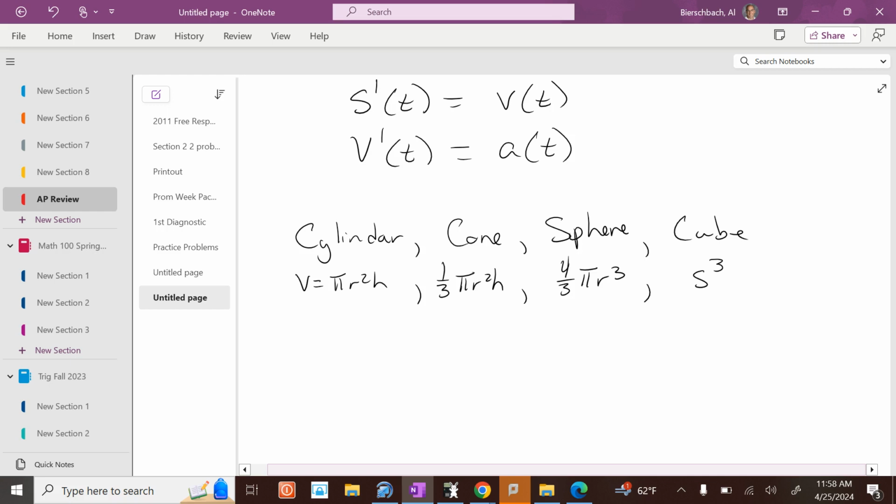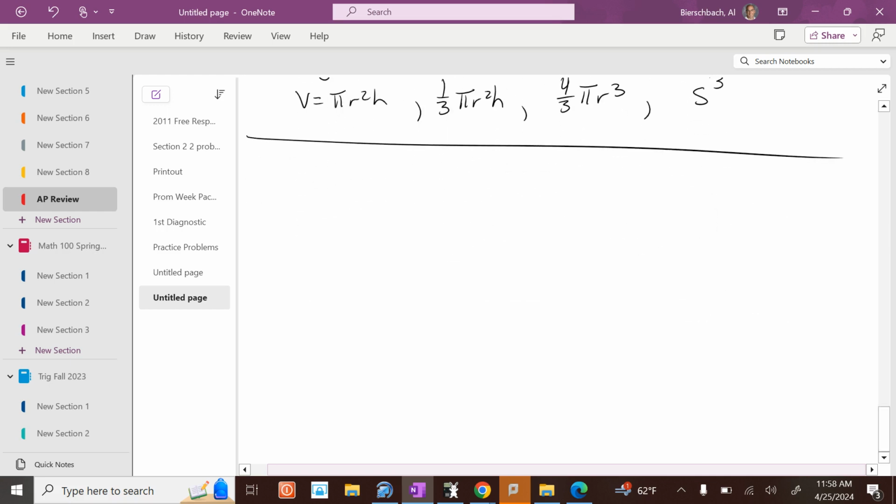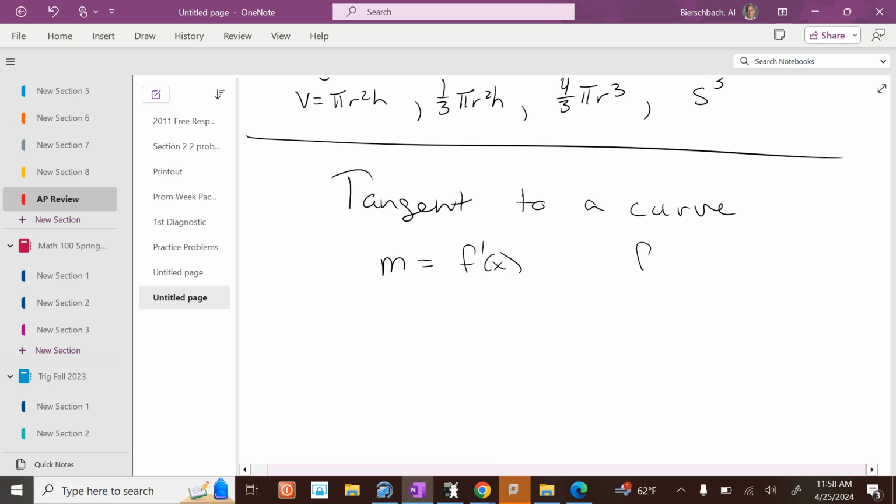Okay, there's something super important you need to know, and it's the difference between the tangent curve and the normal curve. The normal curve is just a perpendicular. This was a little earlier this year, but for a tangent to a curve, the slope equals the first derivative, and the point is f of a equals b.